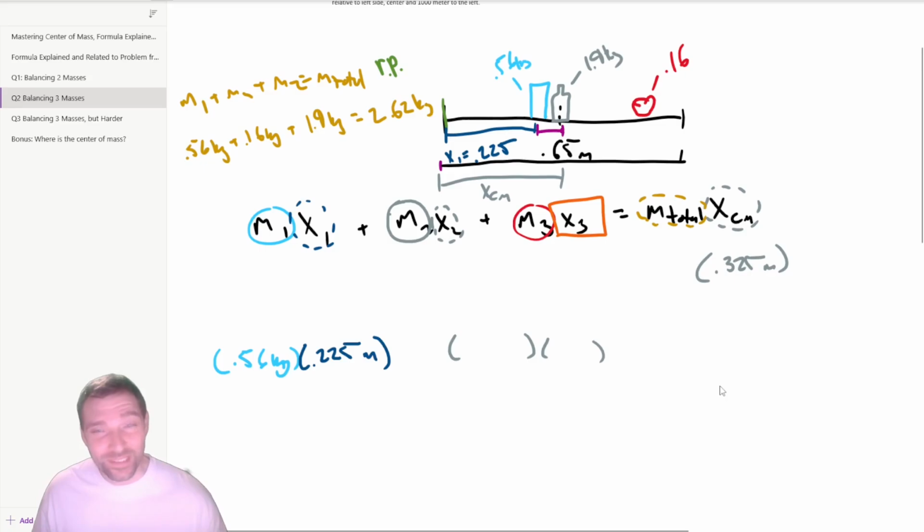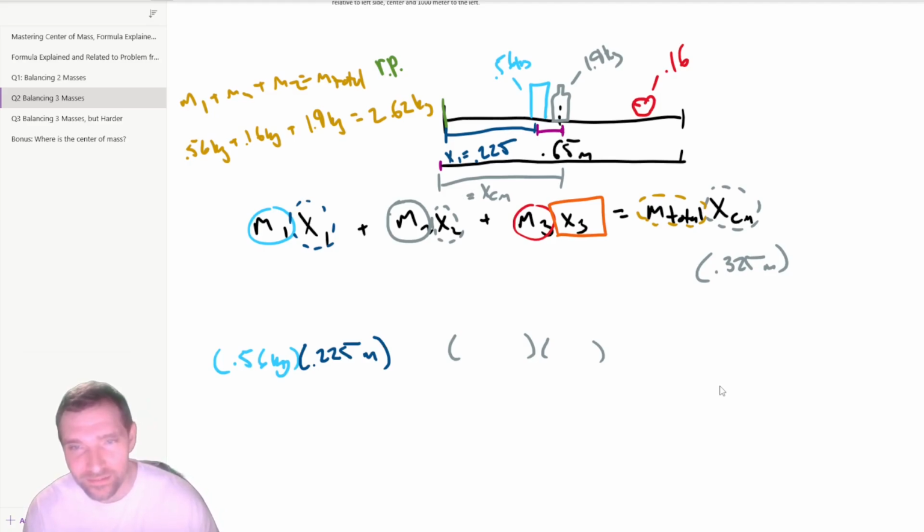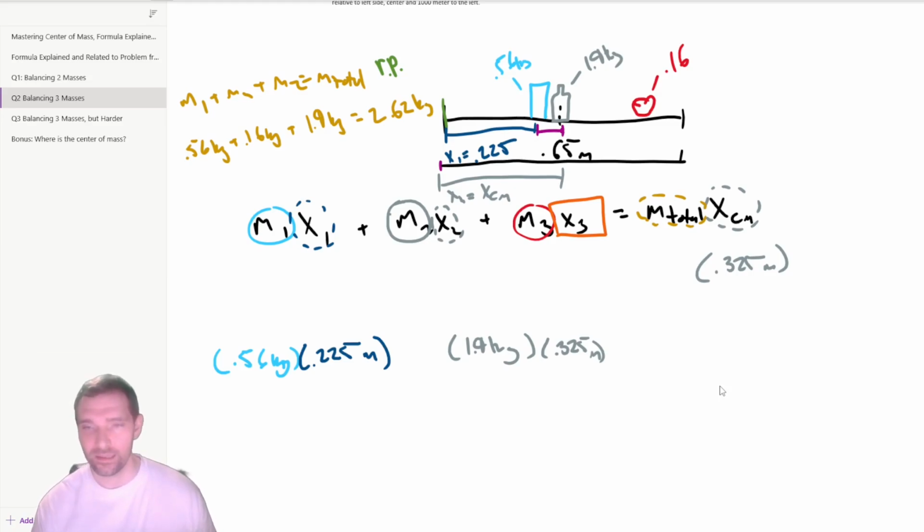But the interesting thing is that the displacement 2 is the displacement of the center of mass, so this is going to be that same number, 0.325 meters. And we've got M2, which was the 1.9 kilograms. You don't want to multiply the wrong one by the wrong one here, so make sure you've double checked that you've put the right mass with the right distance.